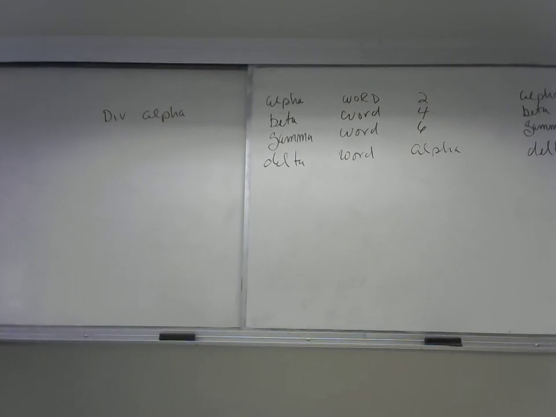Div alpha. Div alpha into what? Div alpha by what? What does this mean? Div alpha. Divide the accumulator by alpha. Now understand, this is a primitive architecture.